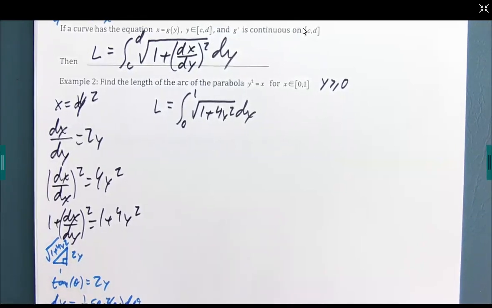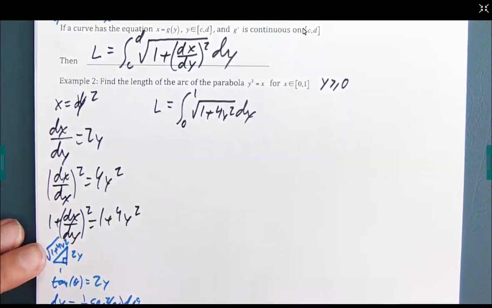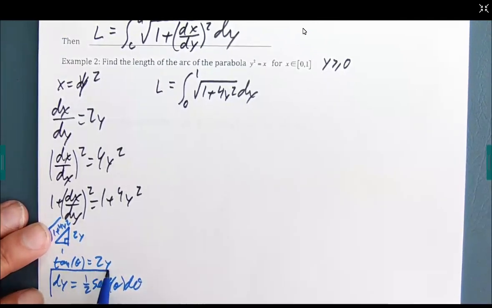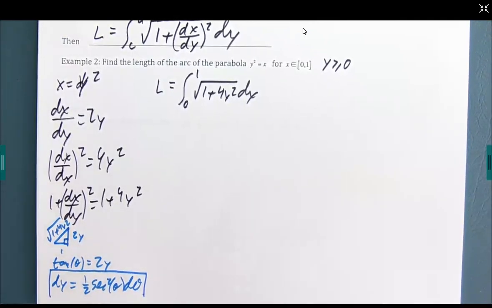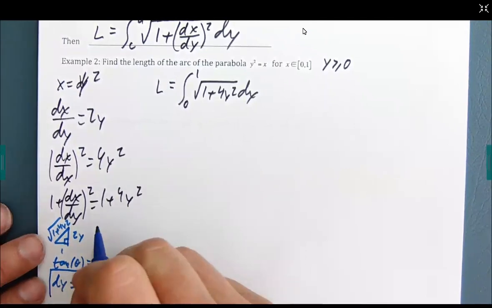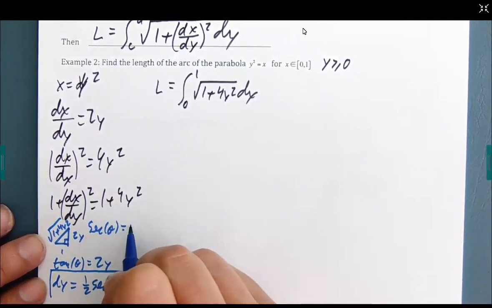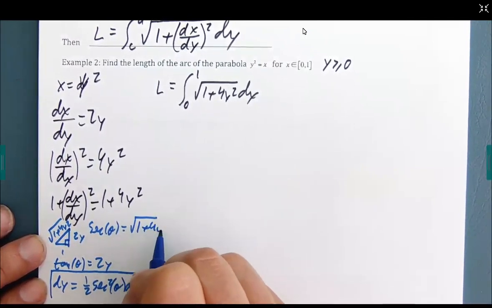What I did was I divided by the 2 and then took the derivative. So there's my dy. There's one piece. And now I'm going to notice that the secant of theta is the square root of 1 plus 4y squared.